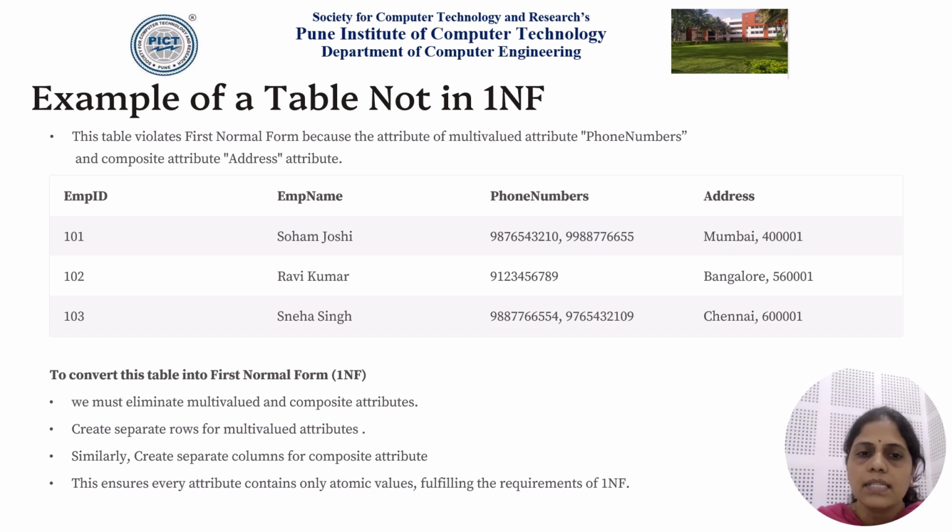In this way, I can easily convert this table, which is not in 1NF, into a table in first normal form, which does not have multi-valued attributes and composite attributes. This ensures the attributes contain only atomic values, fulfilling the requirements of 1NF.